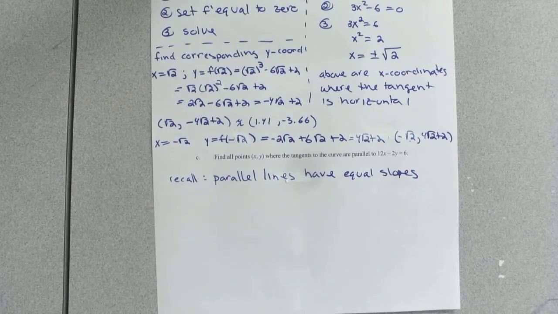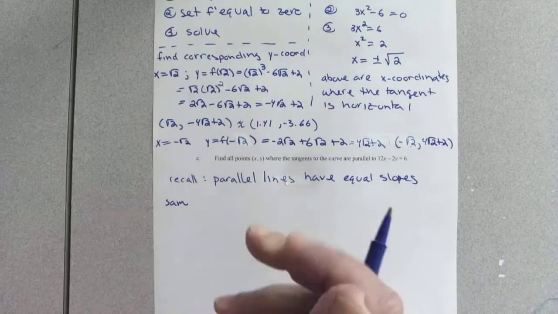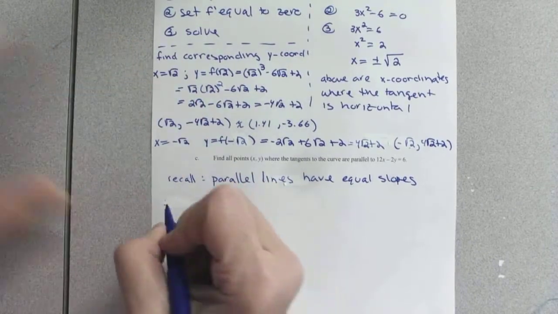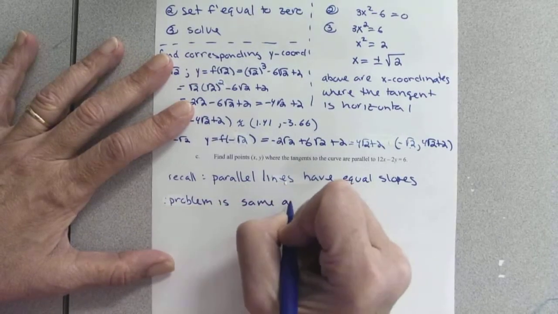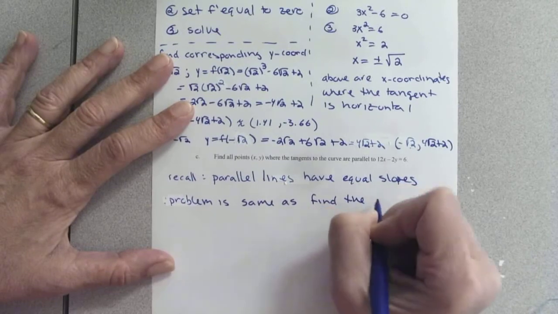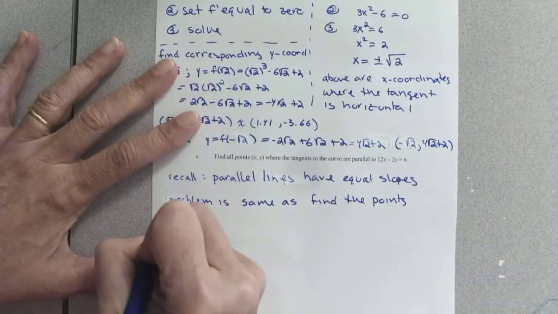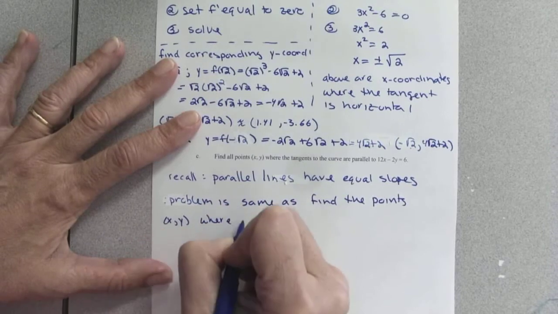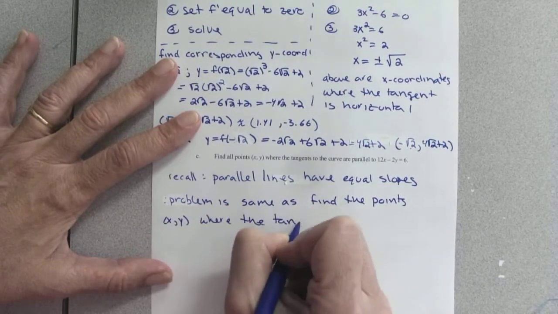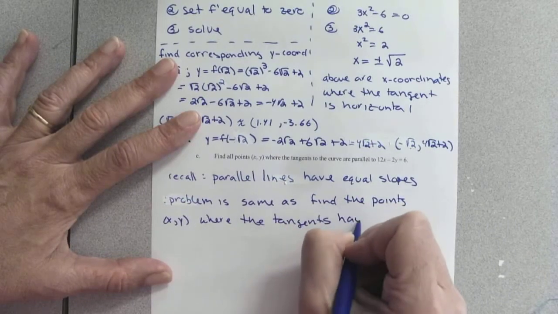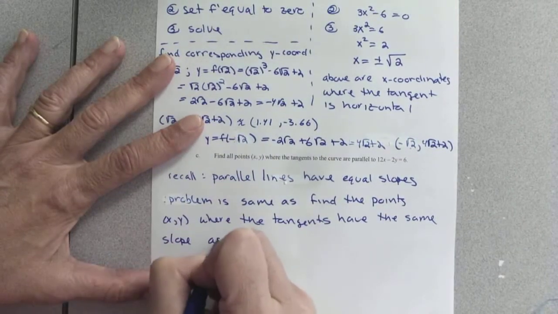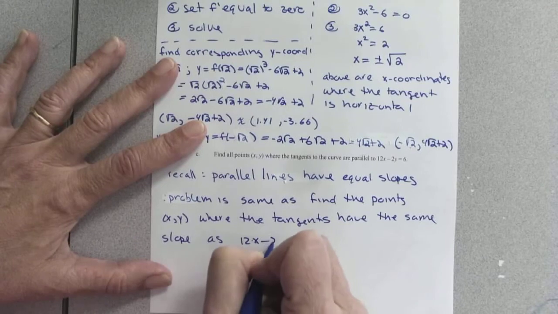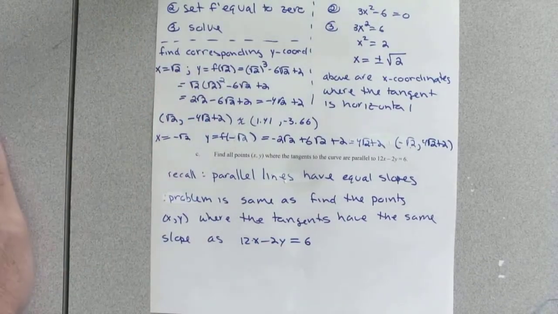So the problem is the same as find the points x, y where the tangents have the same slope as 12x minus 2y equals 6. So now we've got a little bit more: same slope.